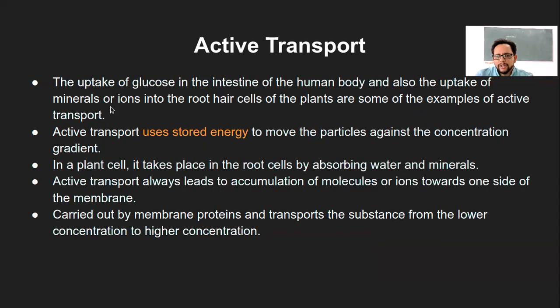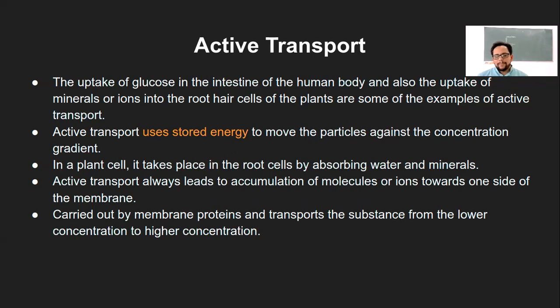So usually the two examples that we give in case of active transport are the uptake of glucose in the intestine in the human body, and secondly the uptake of minerals or ions into the root hair cells of the plants. These are the examples of active transport.